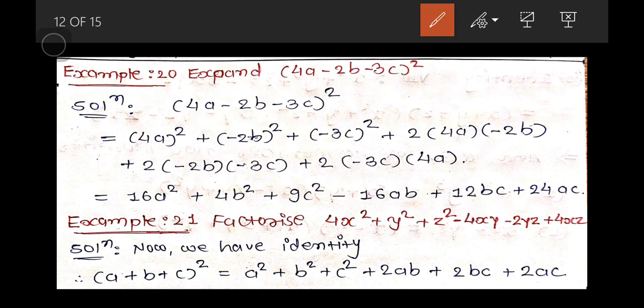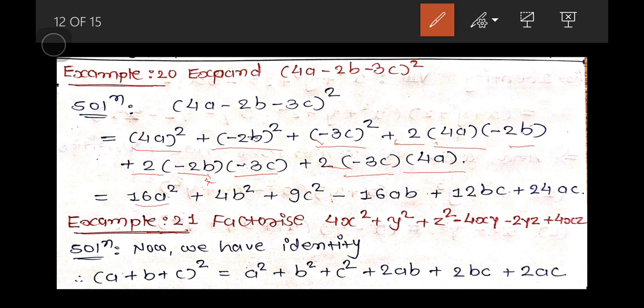So let us expand it with the help of identity number 5, that is (4a)² plus (minus 2b)² plus (minus 3c)² plus 2 into first and second, that is 4a into minus 2b, plus 2 second and third, that is minus 2b and minus 3c, plus last one, plus 2 third and first, that is minus 3c into 4a, and we expand this form: (4a)², that is 16a², minus (2b)².